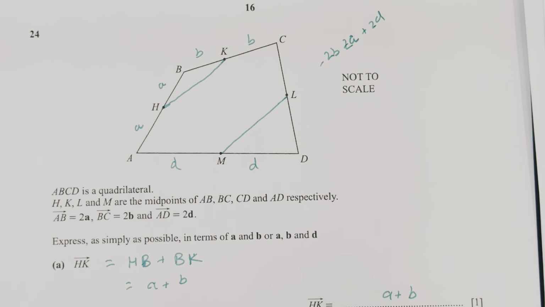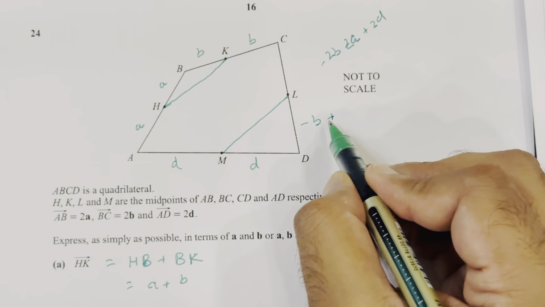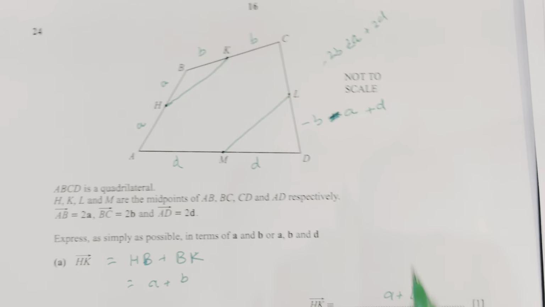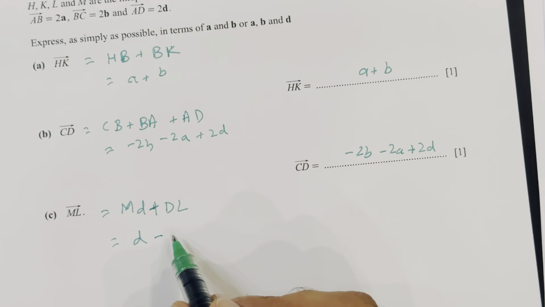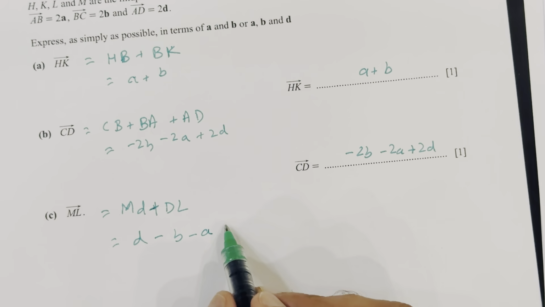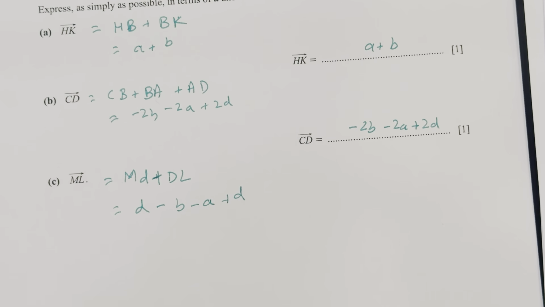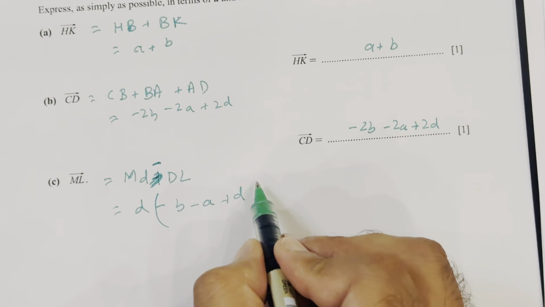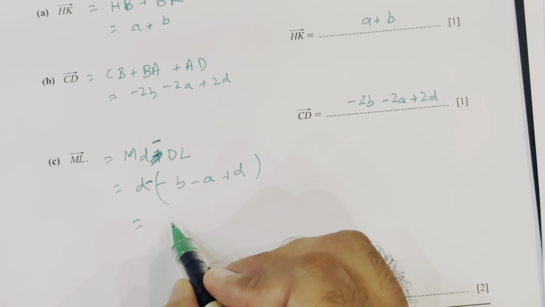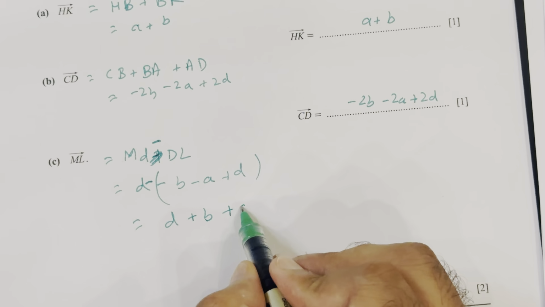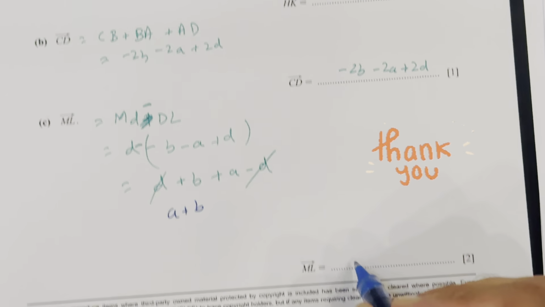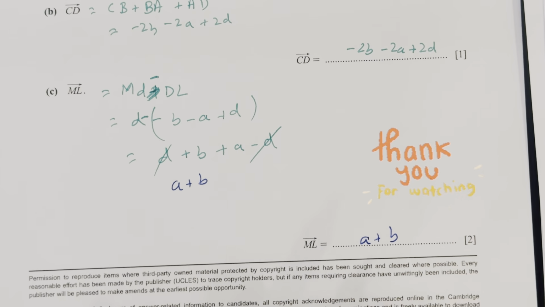After dividing by 2, this value would be minus B minus A and plus D. So we're going to write this value, minus B minus A and plus D. This is minus and this would be minus as well. After opening this would be D plus B plus A and minus D. We're going to cancel D with D, so the value of ML would be A plus B. So this would be our final answer, A plus B.